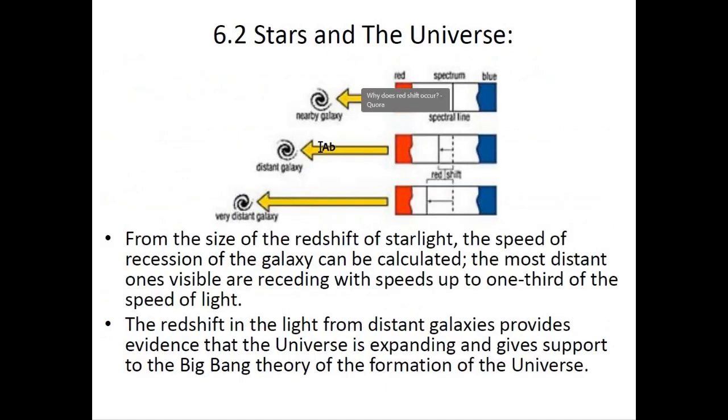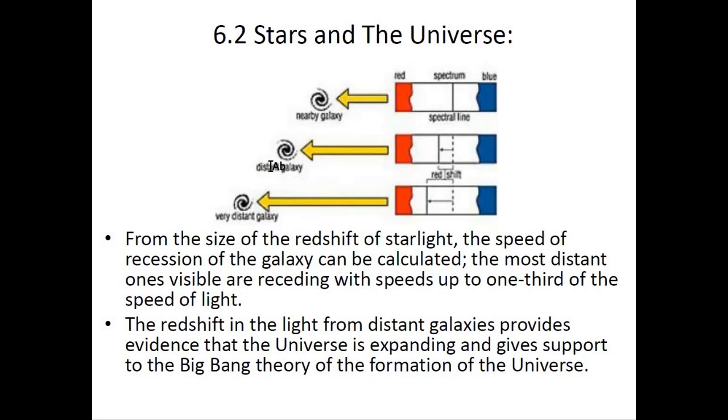As you can see, if you have a nearby galaxy on the spectrum, when you go for a spectroscopy, you would see a pattern like this. If the galaxy is moving away or it is distant, instead of this line you would see the line slightly shifted towards the red area.